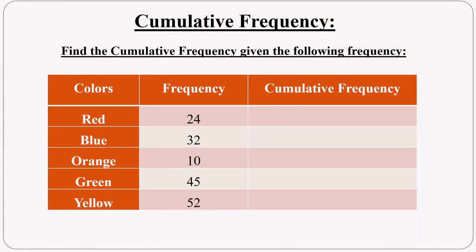Frequency is given. We need to calculate cumulative frequency. As I told you, first we need to take 24. 24 plus 32, 56. 56 plus 10, 66. 66 plus 45, 111. And 111 plus 52 will be 163. So this is one more simple example to understand cumulative frequency.